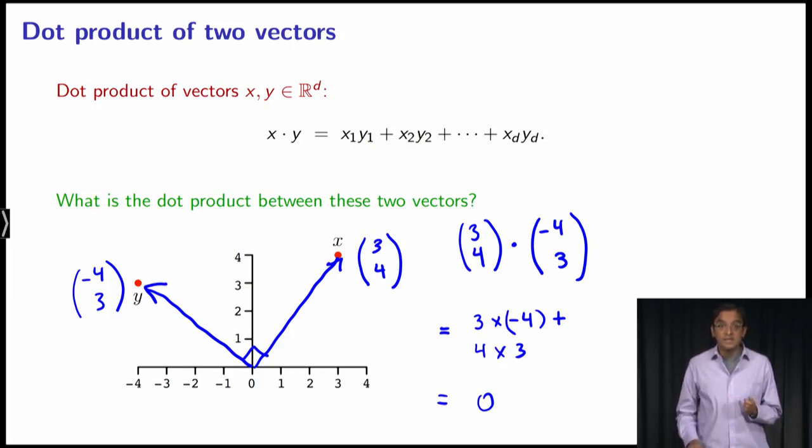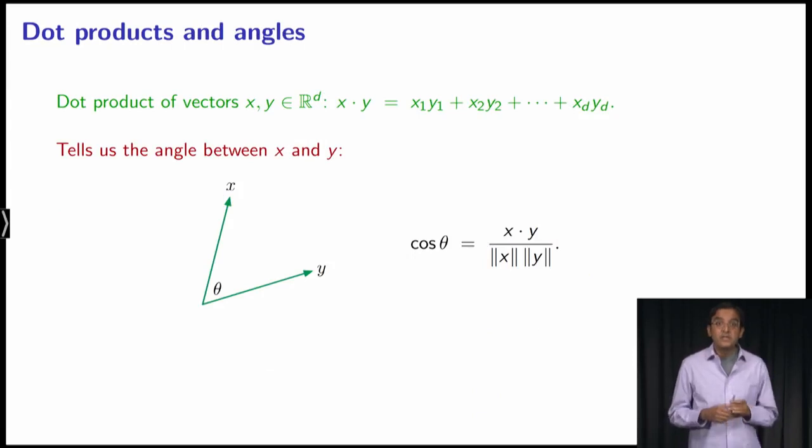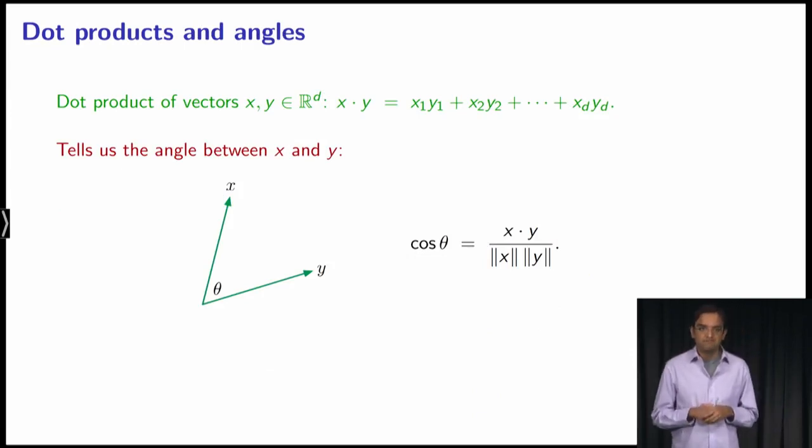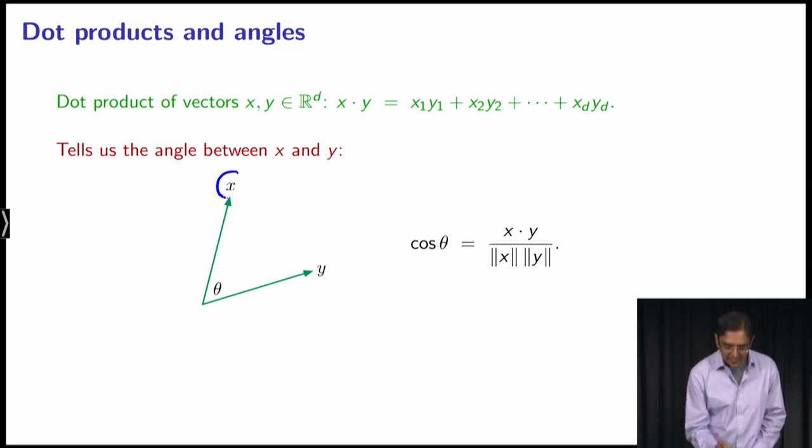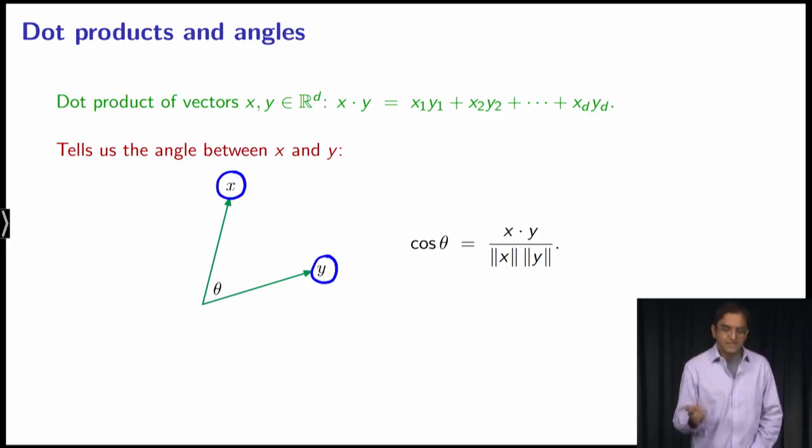Well, there definitely is. It turns out that the dot product between two vectors tells you the angle between them. Okay, so here's the formula. So take any two vectors, x and y. And the angle between them is some number theta.